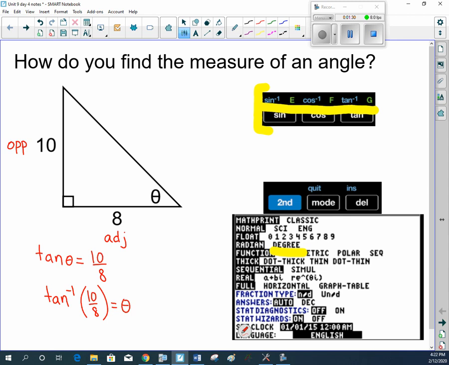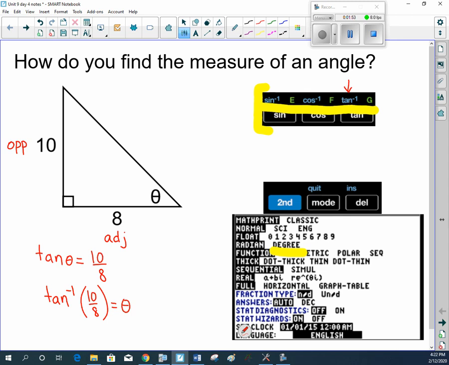And then I'm just going to type this in my calculator using the inverse tangent button. So inverse tangent of 10 divided by 8. And oops, I forgot to change. I said I was changing out of radian mode, and I forgot.